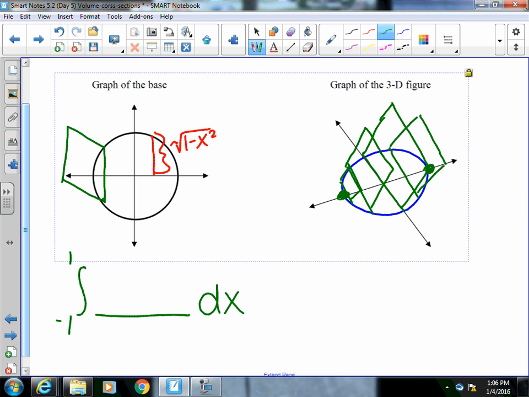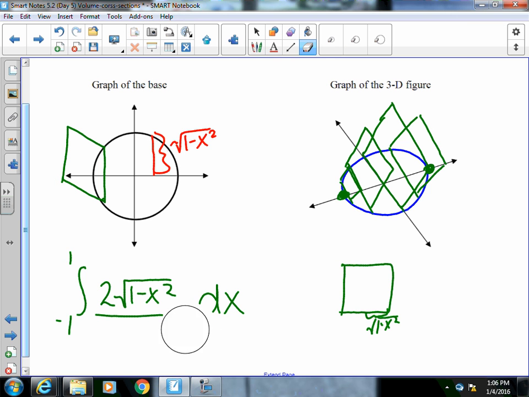But if we talk about these squares, I'm going to draw one. We know that half of this square is radical 1 minus x squared. So all the way across for the side would be 2 times radical 1 minus x squared. But for this to be the area, we don't just need our side length, we need our side length squared.